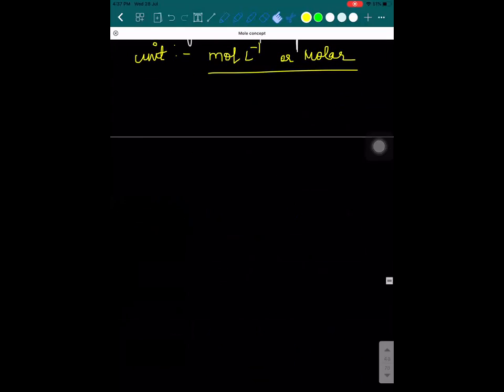The next concentration term which we are having is molality, M-O-L-A-L-I-T-Y, which is represented by small m. And what is molality?